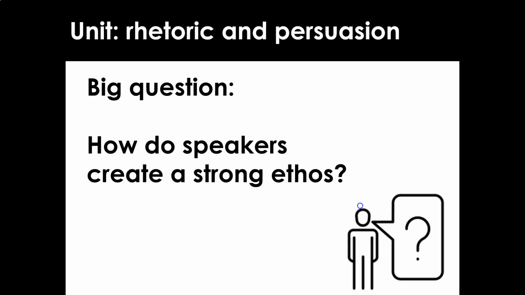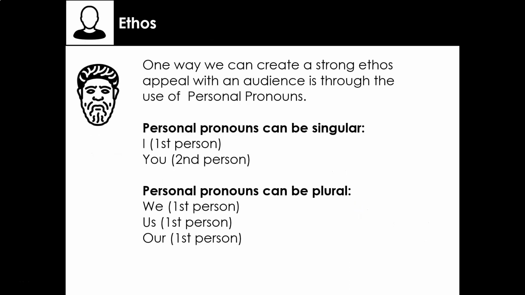Okay, so the next question is, how do speakers create a strong ethos? How do speakers ensure that they come across as a good person who is knowledgeable and trustworthy? One way we can do that is through the use of personal pronouns. A personal pronoun can be singular, like I, or you.